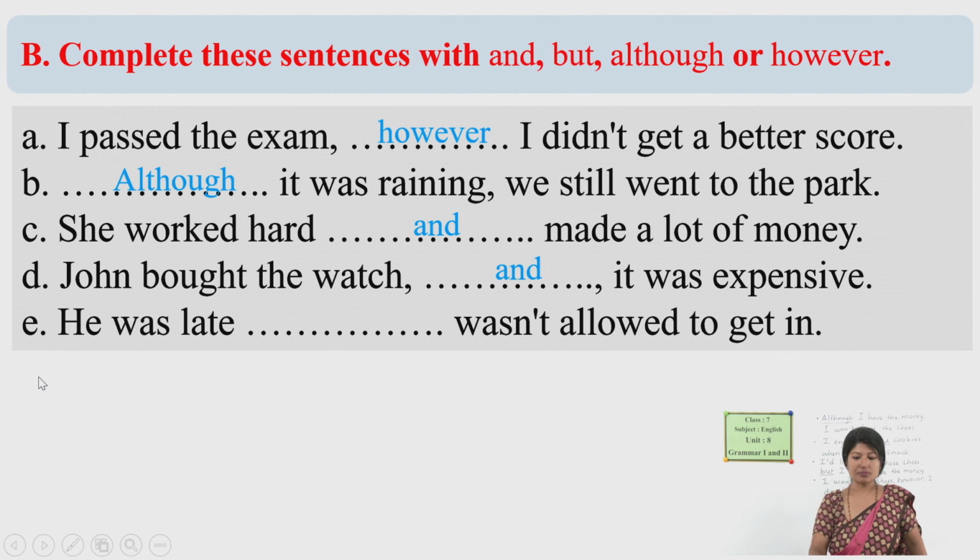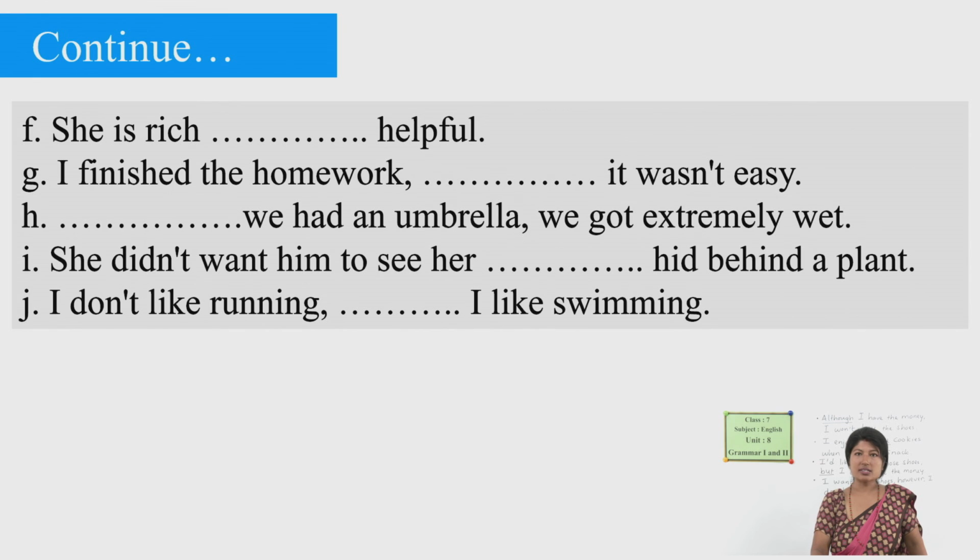Number E. He was late. He wasn't allowed to get in. He was late and he was not allowed to get in. Now let's move to the exercise. Oh, it continues. We have some more to do. F to G. Okay. She is rich, blank, helpful.